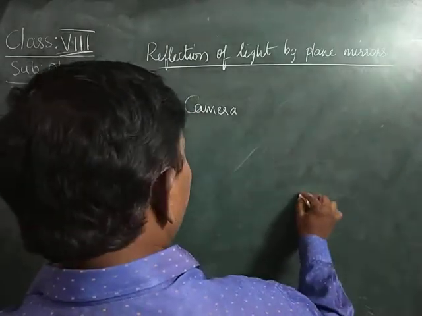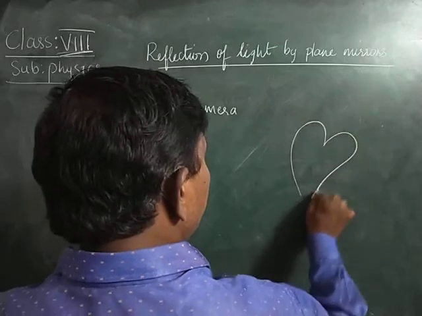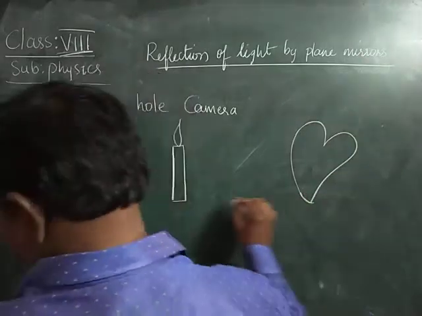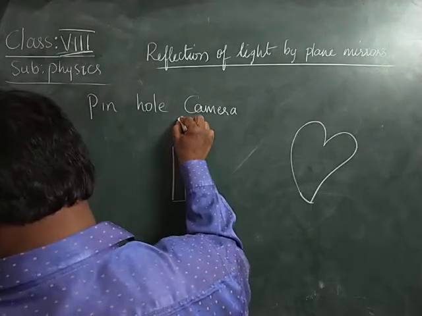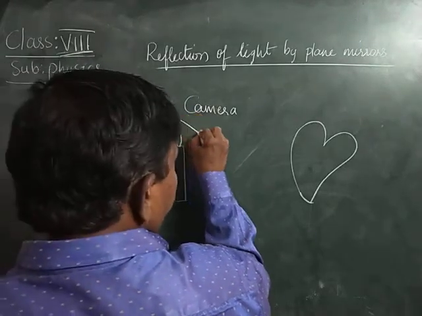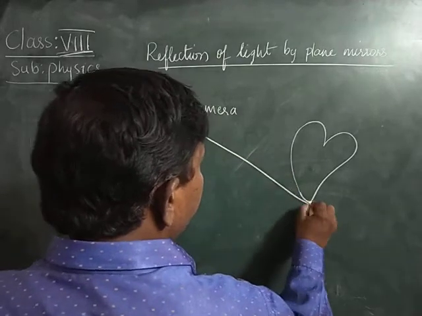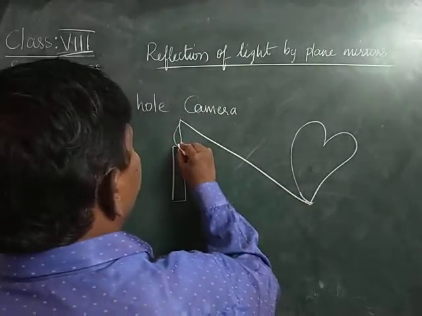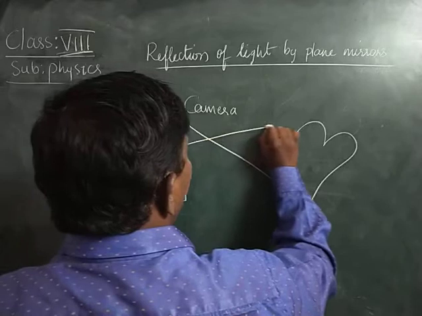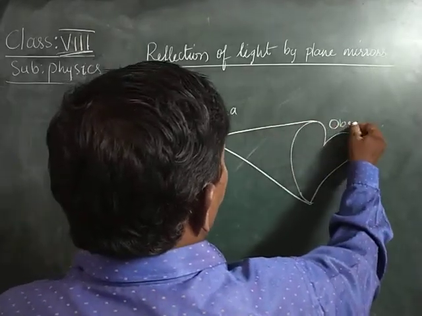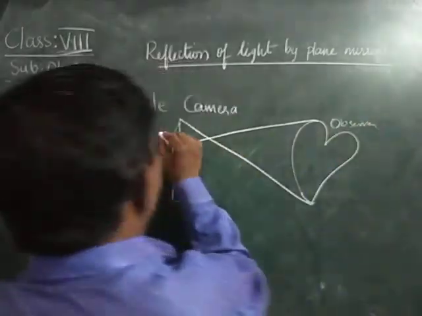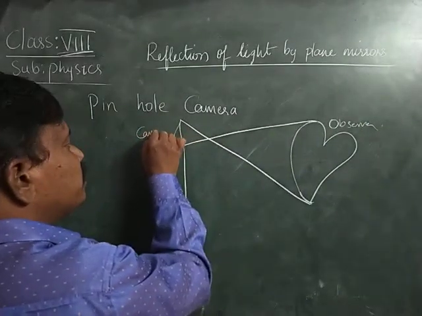Here the tip of the candle can be seen by the observer. This is the observer. This is the candle flame.